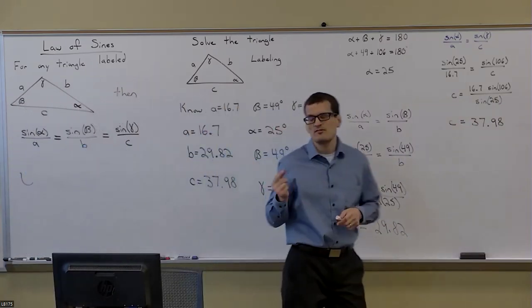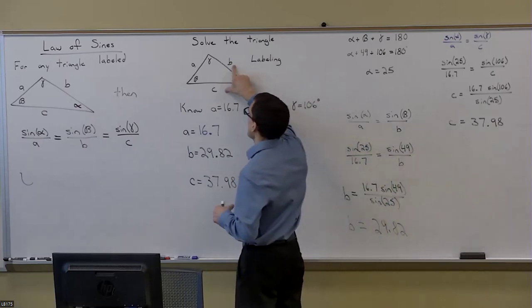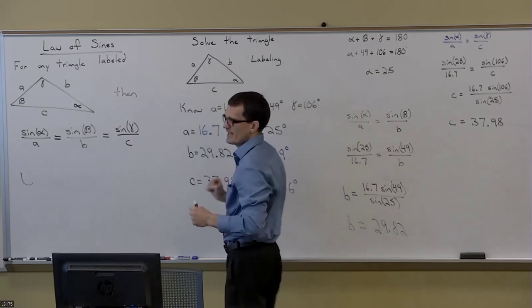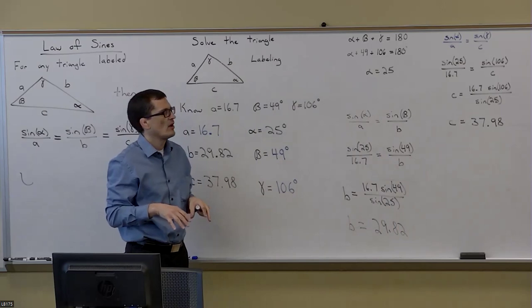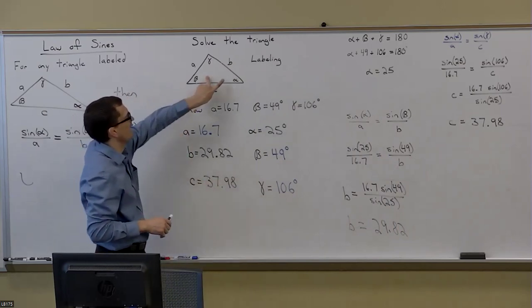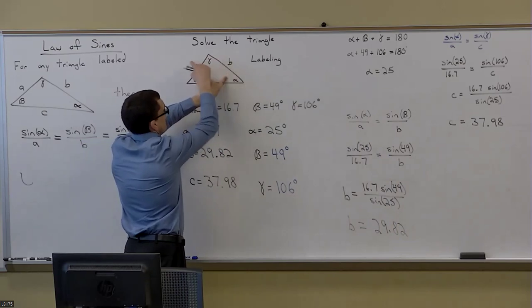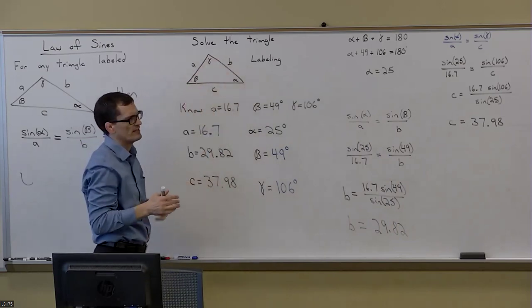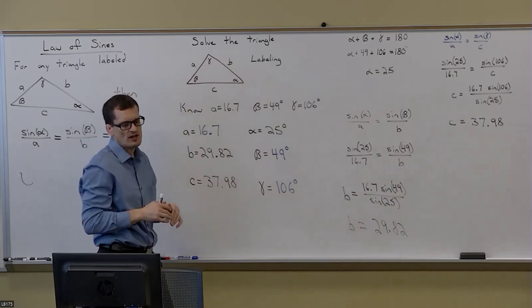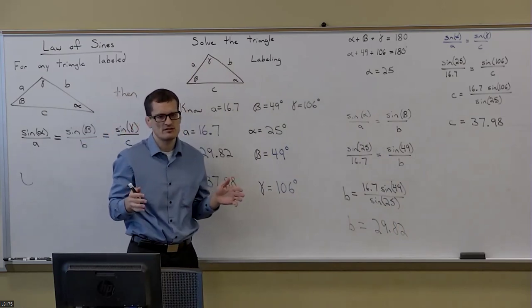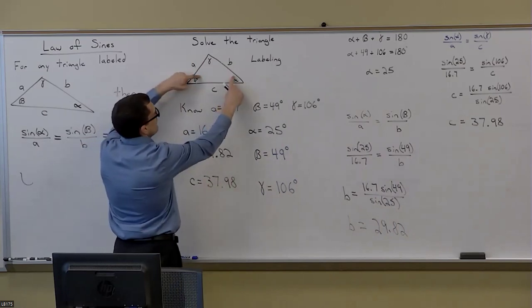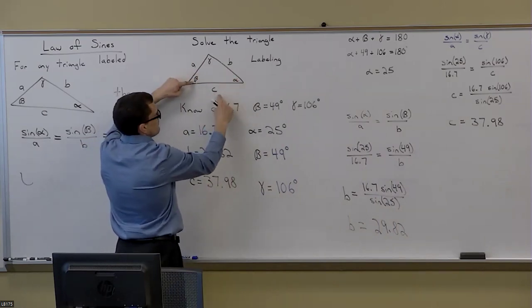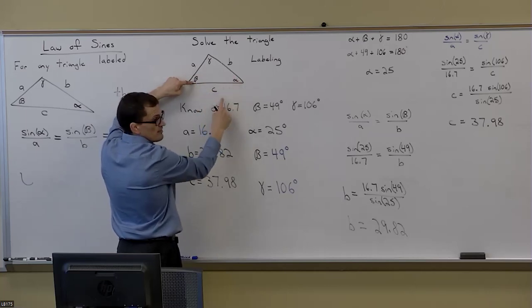So when we have two sides and an angle that's not in between, we use the law of sines. When we have two angles and any other side, and by the way, if you read in the book, they talk about angle, side, angle, and then they talk about angle, angle, side. That just means you have two angles and a side. If you have two angles and the side in between those angles, that's angle, side, angle.